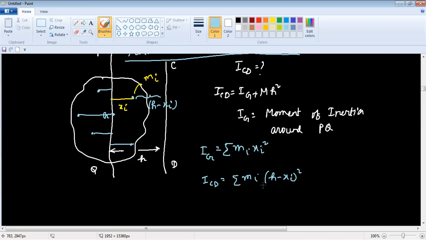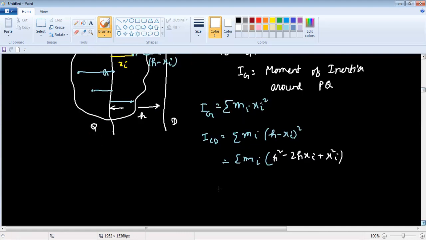Now, how to evaluate this expression? We can use the algebraic formula: h square minus 2hxi plus xi square. Then multiplying by mi, we get summation of mi h square minus summation of mi 2hxi plus summation of mi xi square.